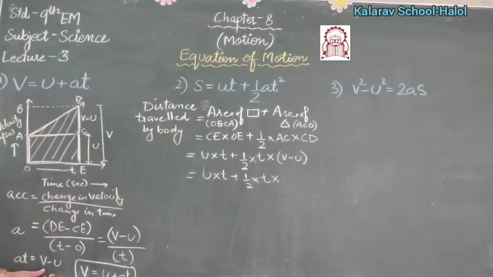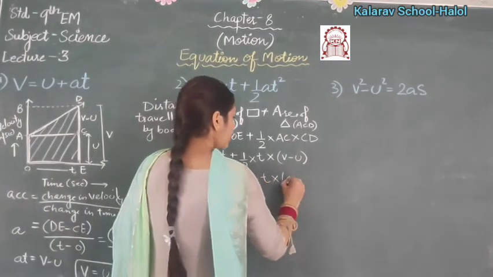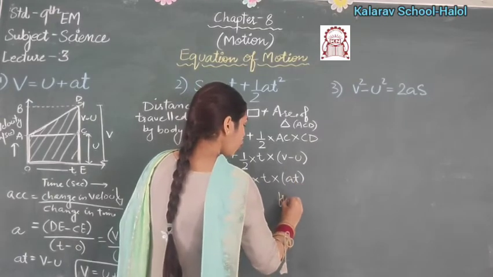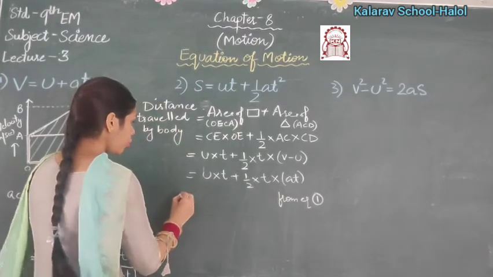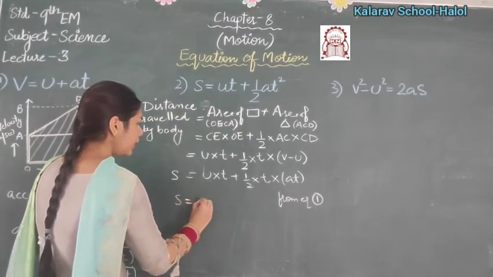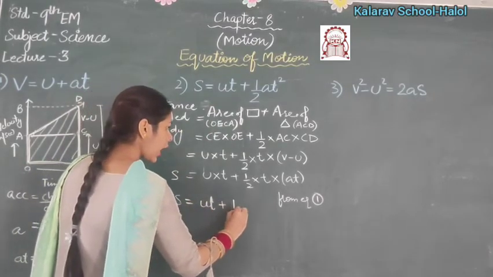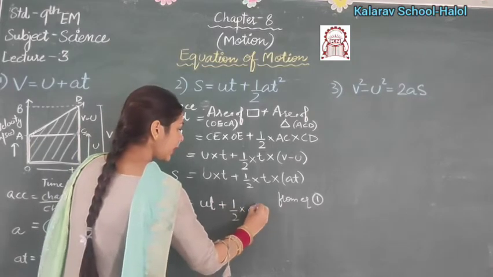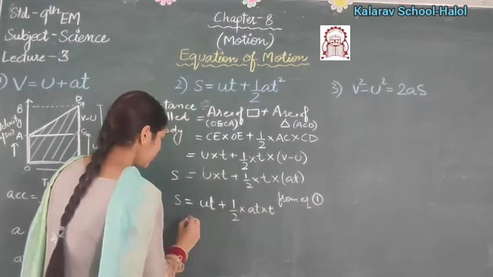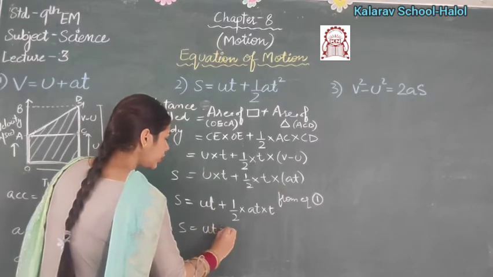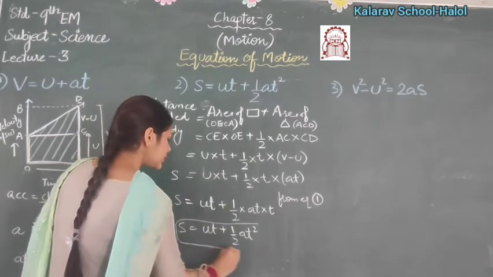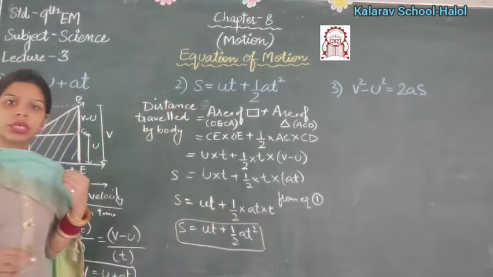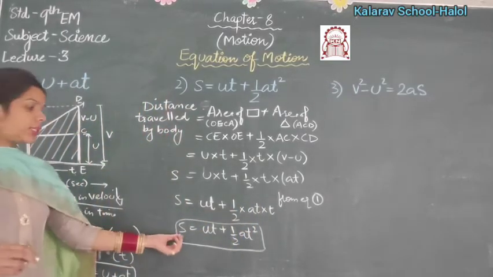Here you can see v minus u is at. How do we get that? From equation 1. So s comes out to be ut plus half multiplied by at multiplied by t. So s is ut plus half at square. This is the equation of motion in terms of distance.